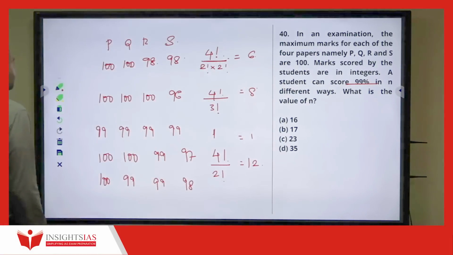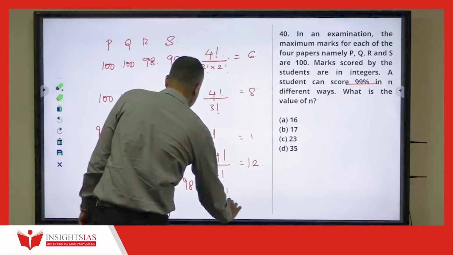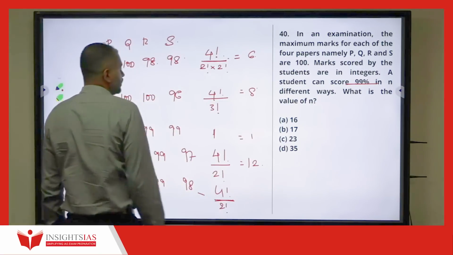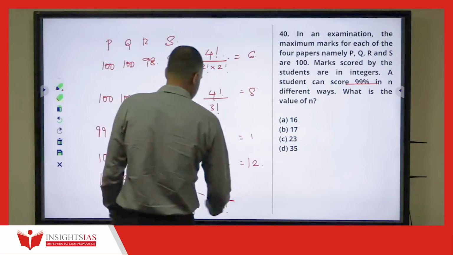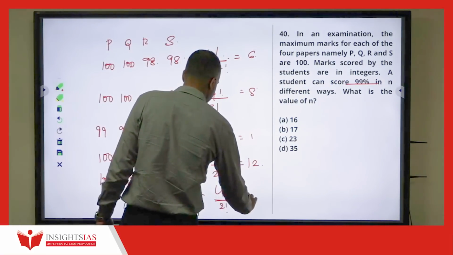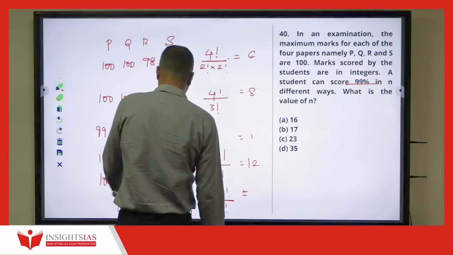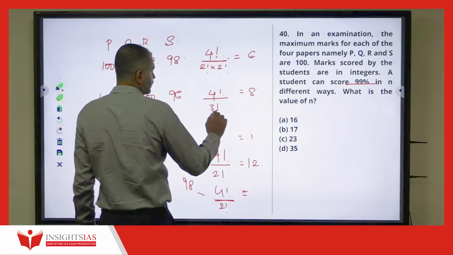I haven't written this one. Okay, now see, this one is again 4 factorial by 2 factorial. This one is 4 factorial by 3 factorial.